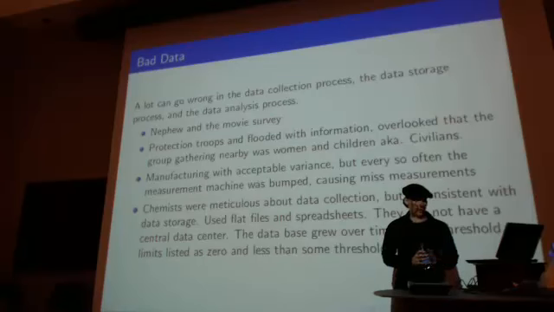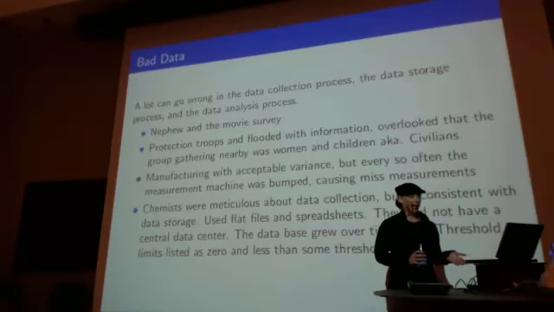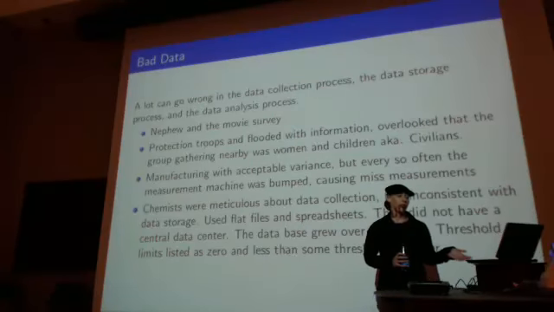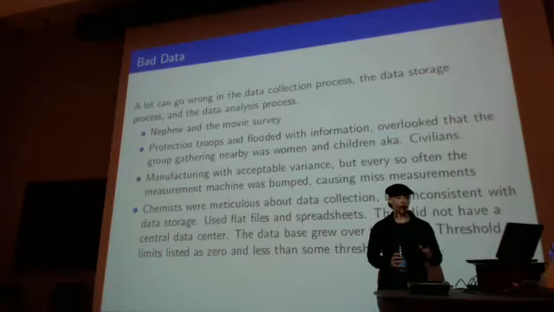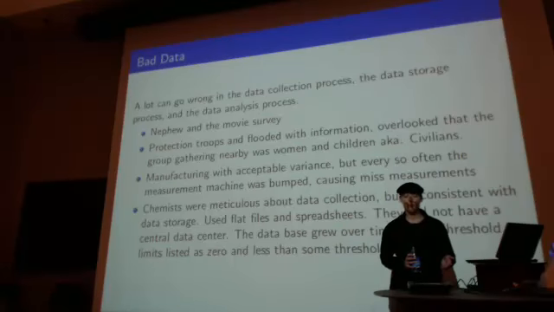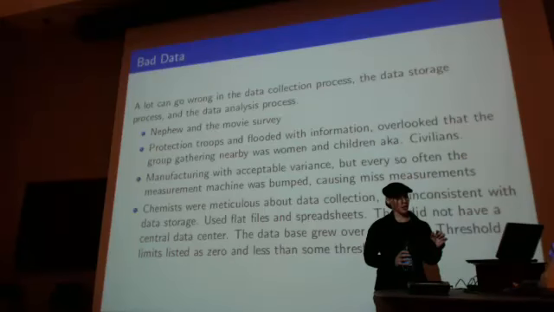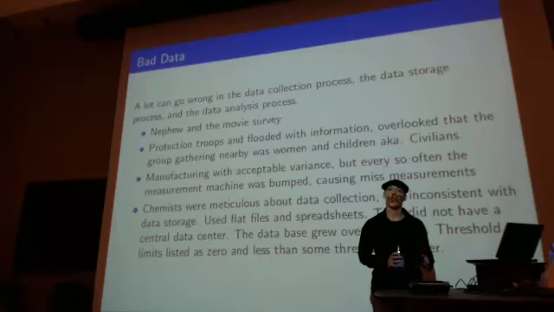So another thing about domain knowledge and how data can be messed up: a manufacturing plant was interested in the variance of some of their equipment. They were building a bolt or a screw or something, and they wanted to know the variation between pieces. And so they're measuring it. They had some very, very fine precision measuring equipment.